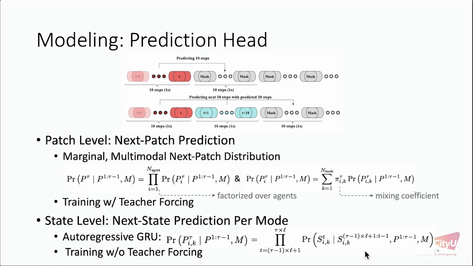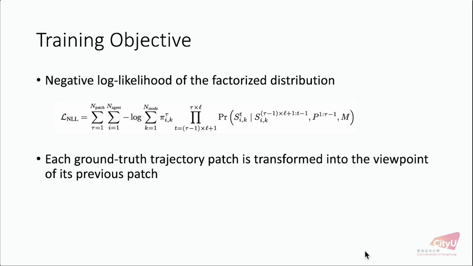For each behavior mode, we use an autoregressive GRU to generate the next state step by step without relying on any teacher forcing. To train BehaviorGPT, we employ the negative log likelihood loss on the factorized distribution as formulated previously. Note that each ground truth trajectory patch is transformed into the viewpoint of its previous patch.